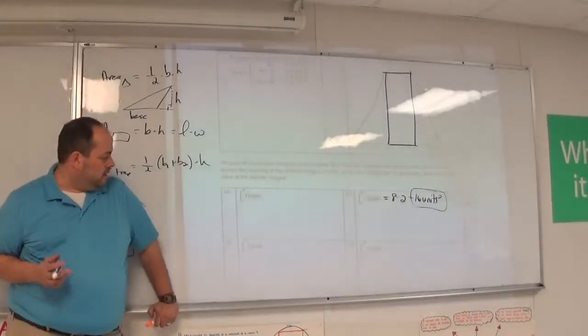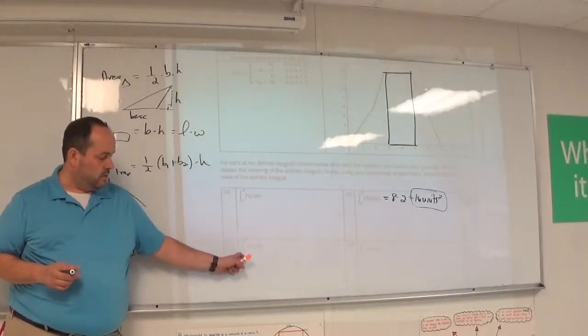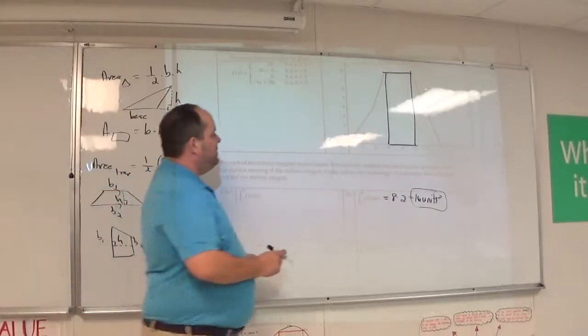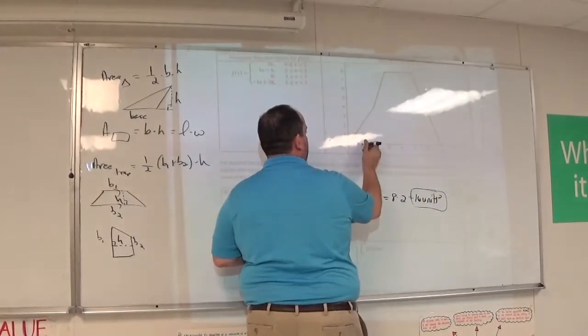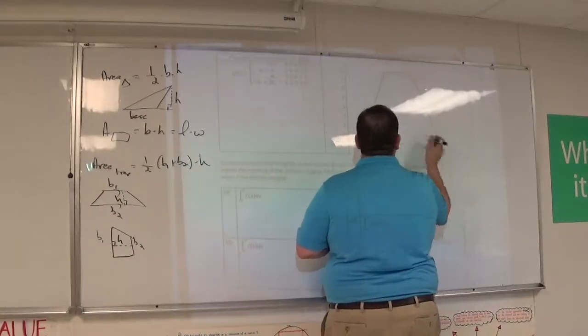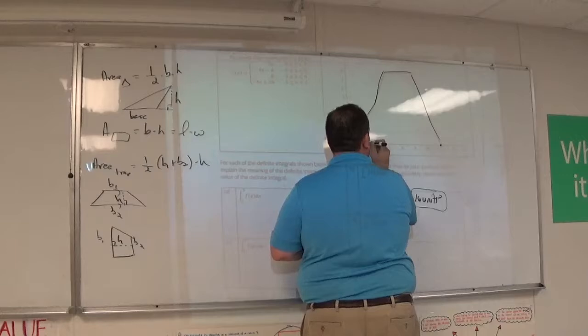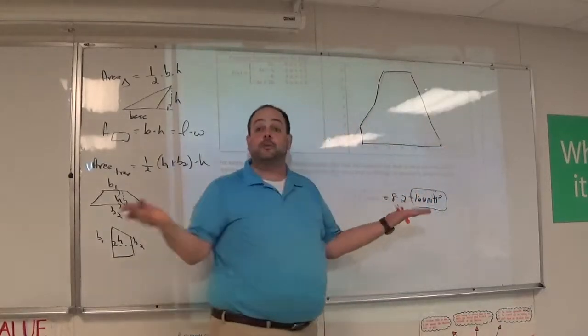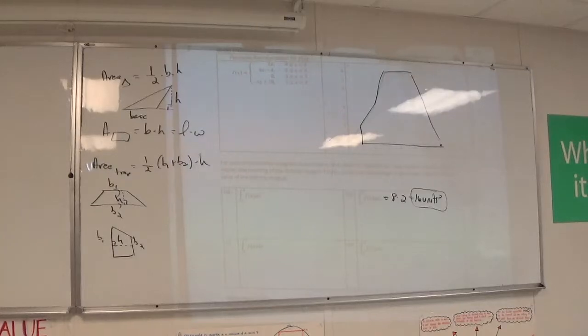The definite integral of f of x with respect to x from x equals 1 to x equals 7. Excellent. Walking around, I saw just about everybody had that. That's the region. What shape is that?